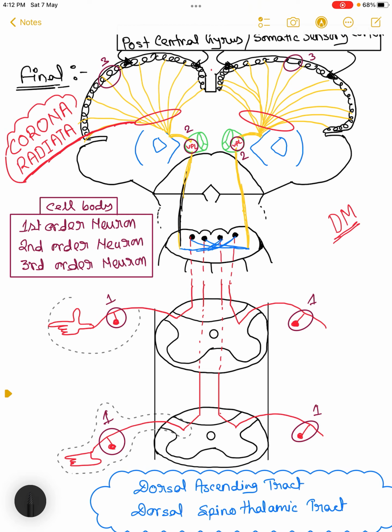Again, focus on this hand. If these fibers are coming from the hand, when I say hand or leg, it doesn't mean it has to be literally a leg or a hand. It means the lower extremity and upper extremity. So it's a very easy way to remember or visualize these things.